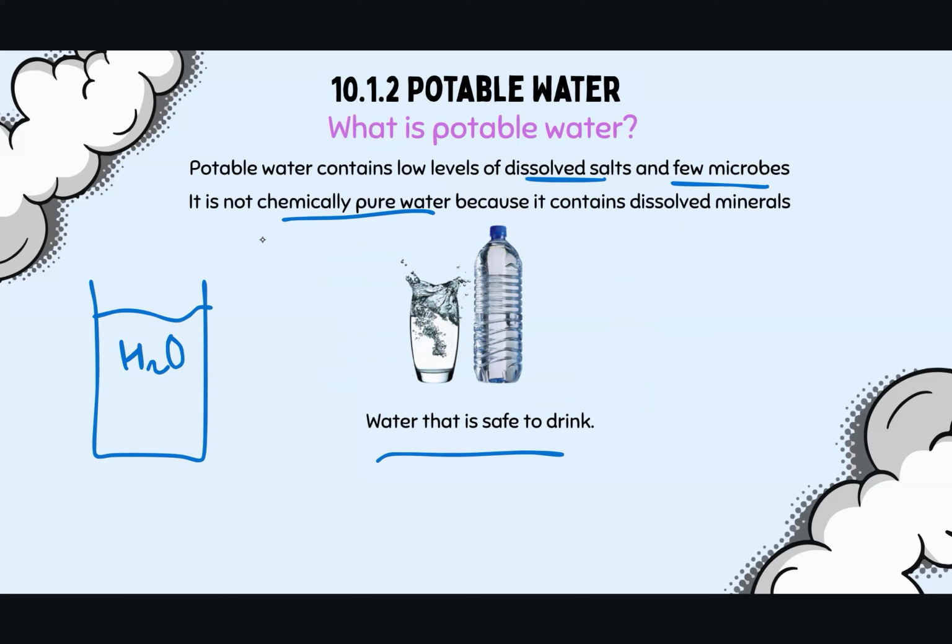But the water that we drink has some minerals inside it. It has a little bit of calcium. It has some carbonates, etc. It's got some magnesium sometimes. It's got a few different things in there which are safe. We need those minerals within our body as well, so it's not really an issue.